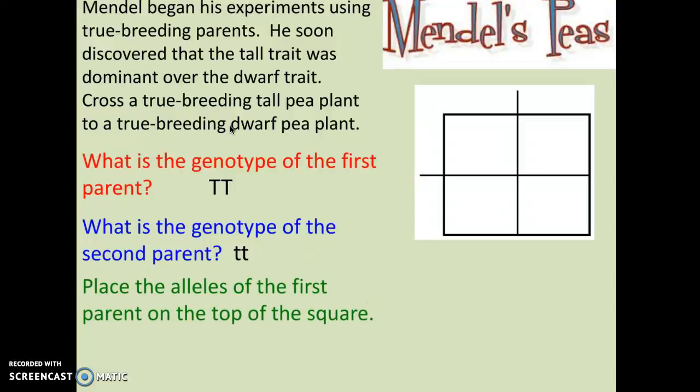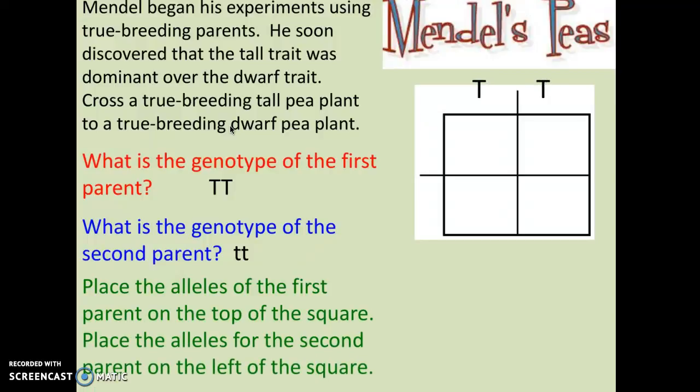So place the alleles of the first parent on the top of the square, and the alleles for the second parent on the left of the square.